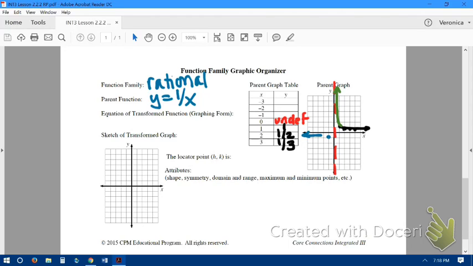These would be the points that would start to give you fractions. So if I plug in the -1, I'll get a -1. And then when I plug in -2, that's when I'll get all those fractions, but they're negatives. Similarly, if I plug in -1/2, I'll get -2, -1/3, I'll get -3, and so that's your parent.